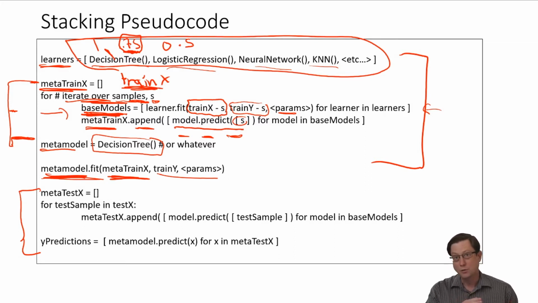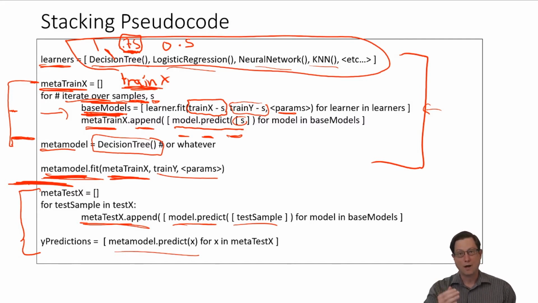Anyway, you would ship those things, and then in the runtime environment, how you would do the testing is, again, take those shipped base models, run them on your test sample, produce X, and then call meta model predict on that X.